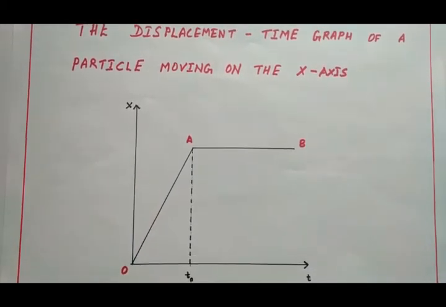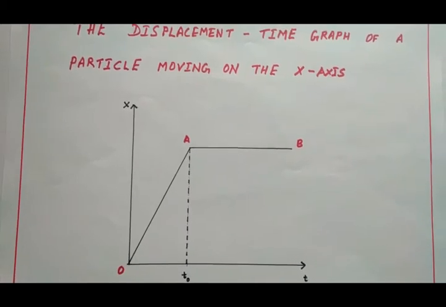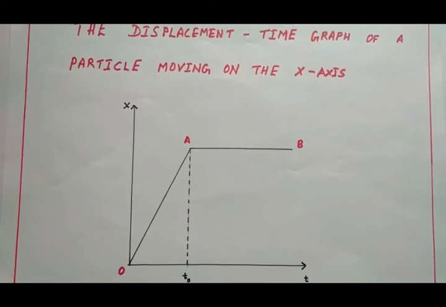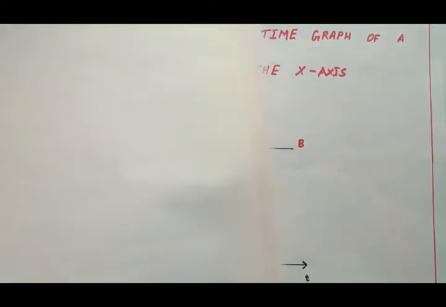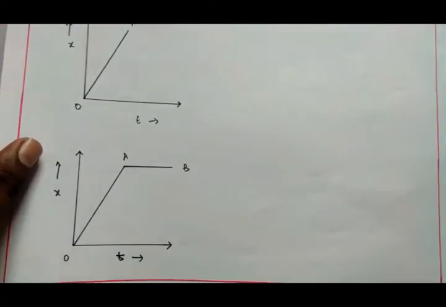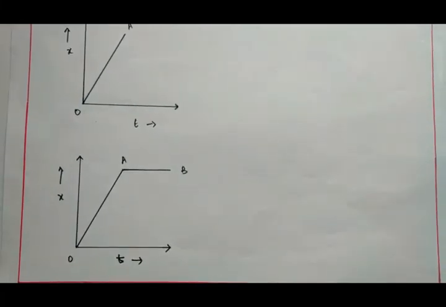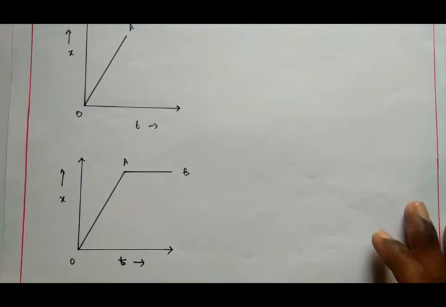So the linear region OA represents a uniform motion of a particle because it covers equal distance in equal intervals of time. Now I have divided the graph into two categories.